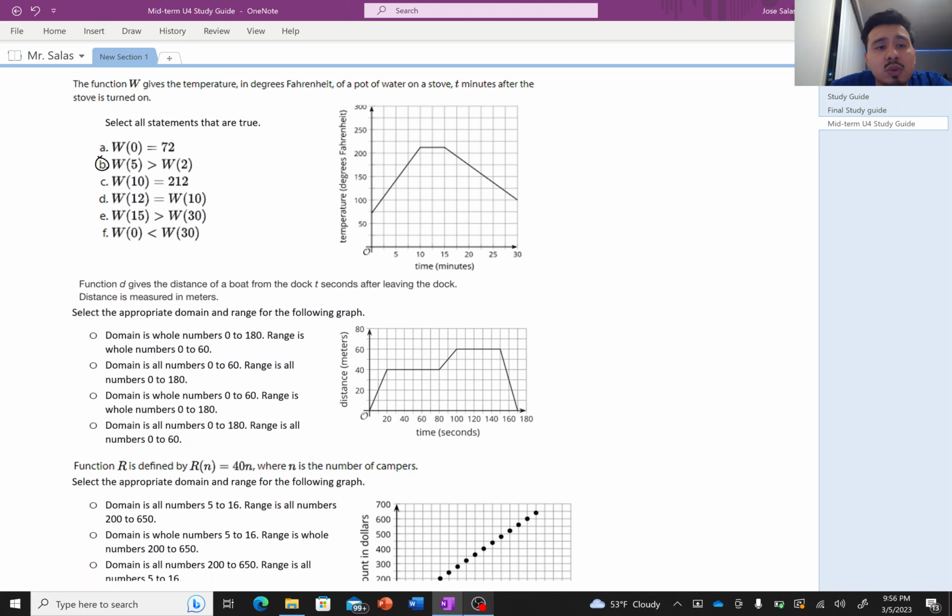W of 10 is equal to 212. Let's go to W of 10. We go up from 10, around this area. We can eyeball this one. Between 200 and 250, this middle line could be 225.